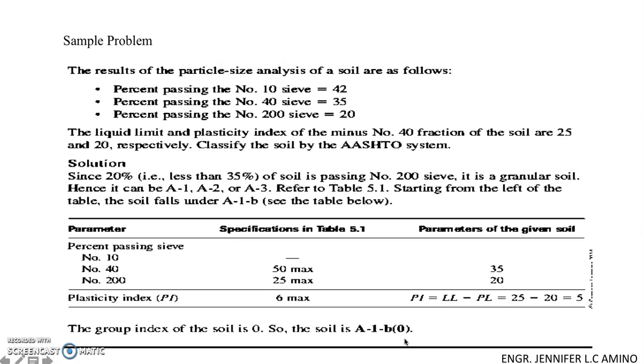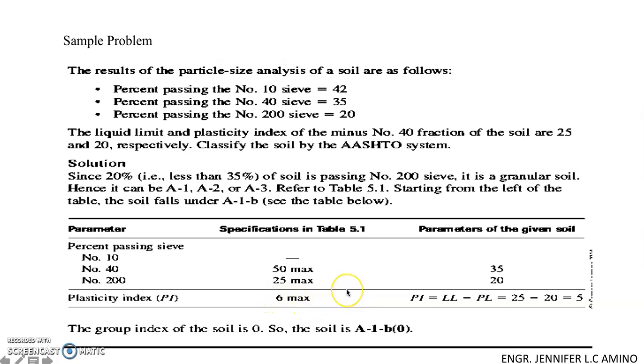So we could easily identify our soil sample as A-1-B based on the given AASHTO values. And of course, we have the maximum plasticity index, which is 6.